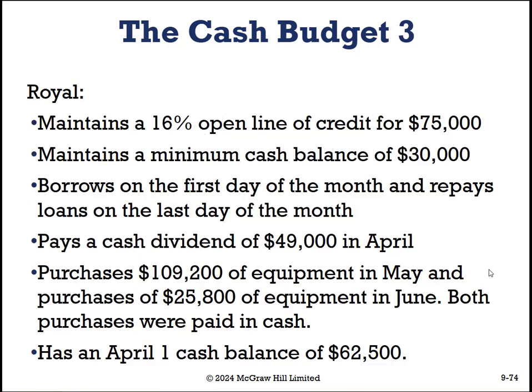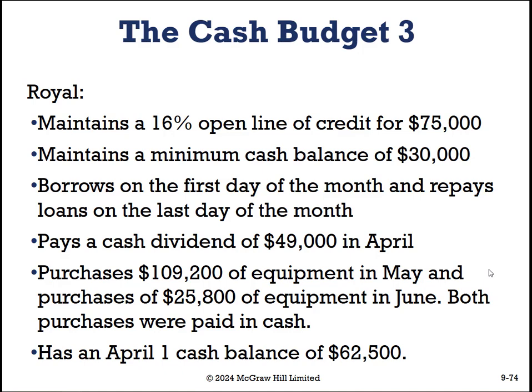In our example, the case facts are as follows. Royal maintains a 16% open line of credit for $75,000. So that means it's 16% interest. Oh, that's a lot. They require a minimum cash balance of $30,000 in their bank account. And they borrow on the first day of the month and repay the loan on the last day of the month when possible.